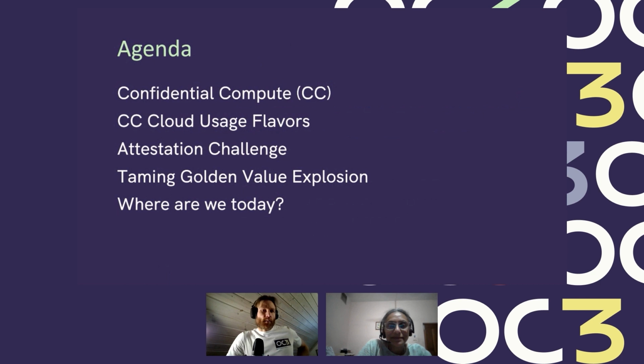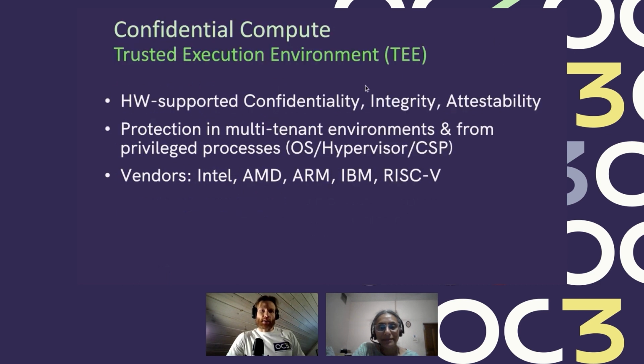Cloud native deployments today create very unique challenges for confidential computing, and that is going to be the main topic of our talk today. We'll list some of the challenges that we have identified and propose a few ideas how to tackle those. And to wrap up at the end, we will look at where we are today and what could be the next steps in this area.